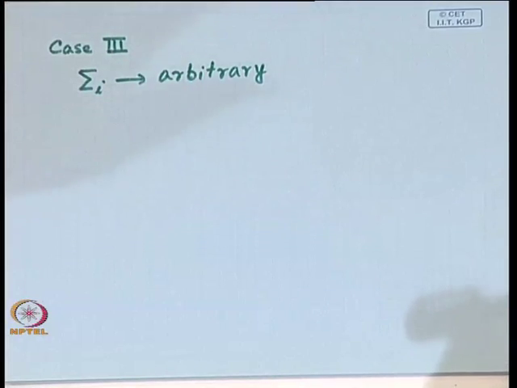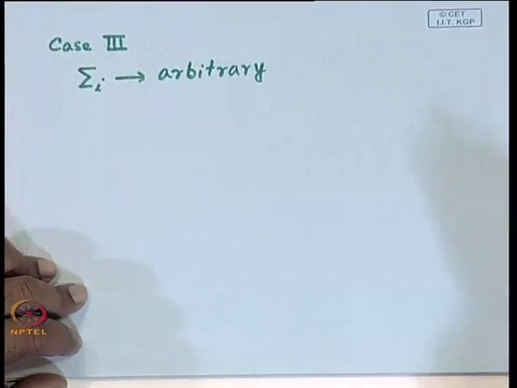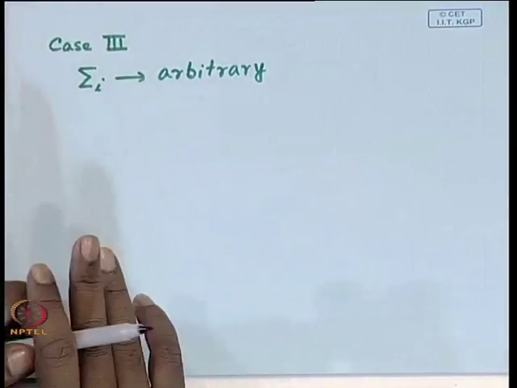In case 2, we considered that different classes have arbitrary covariance matrices, but the covariance matrices of all the classes are the same, though arbitrary. The first case was the simplest case, where we assumed that the different components are statistically independent and individual components have the same variance. So, this is the most general case where the different classes will have different covariance matrices.